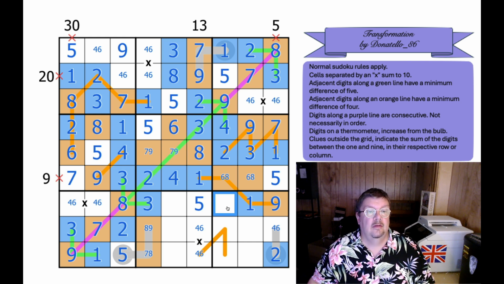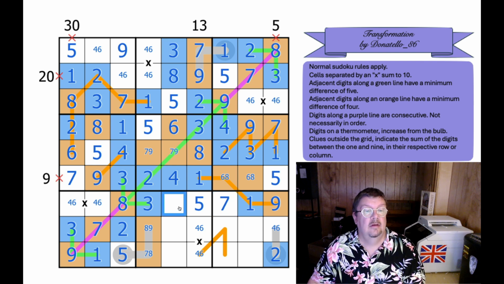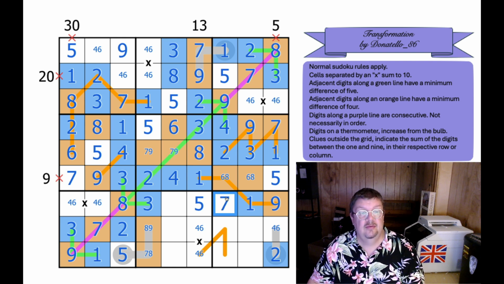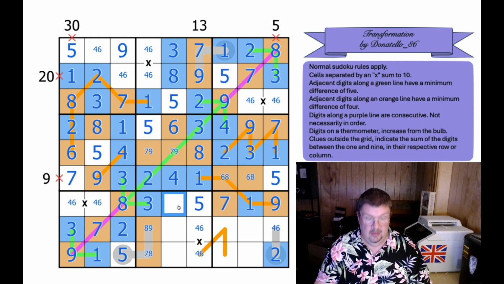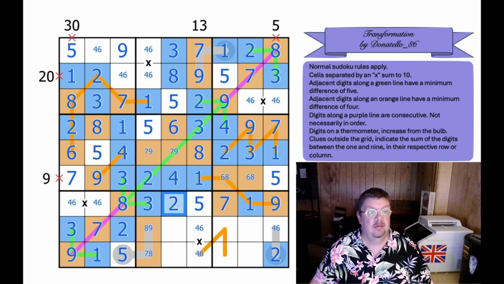And that can't be a 4, so that's a 7. Wait. No. Try again. 7 and 2. That's much better. 7 and 2. So yes, that is still a 7. And that's a 2. And that's low.